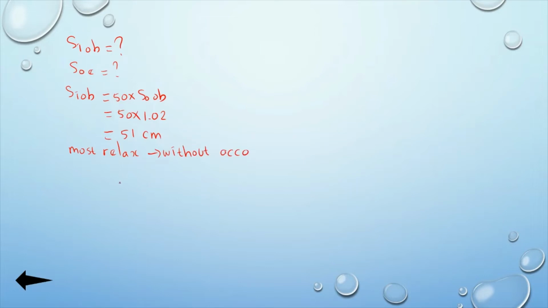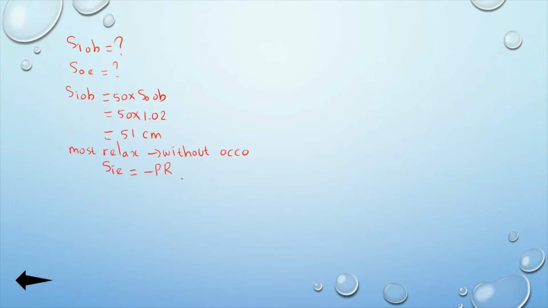If the observation is done without accommodation, then SIE, or the distance of the image from the eyepiece, must be equal to negative PR. PR is the far point of the observer.